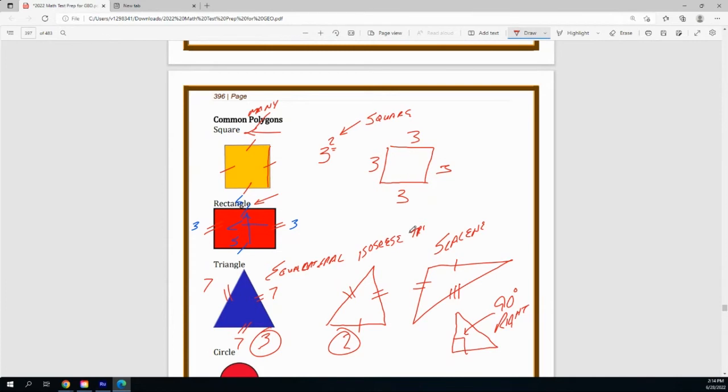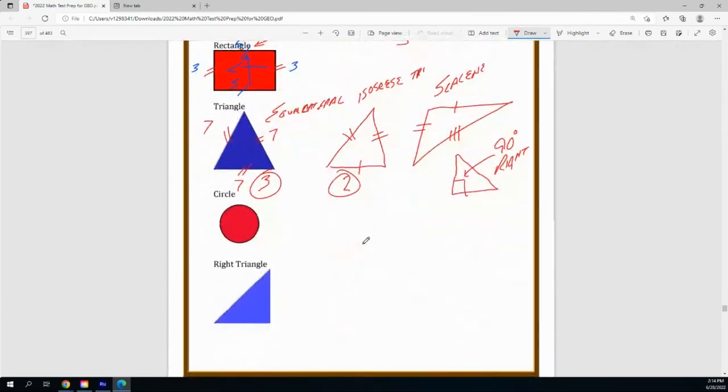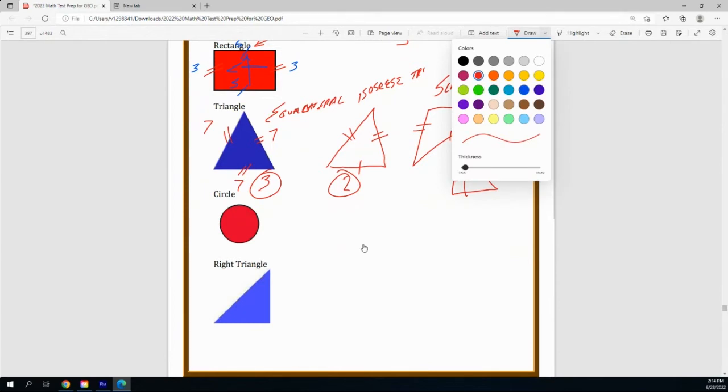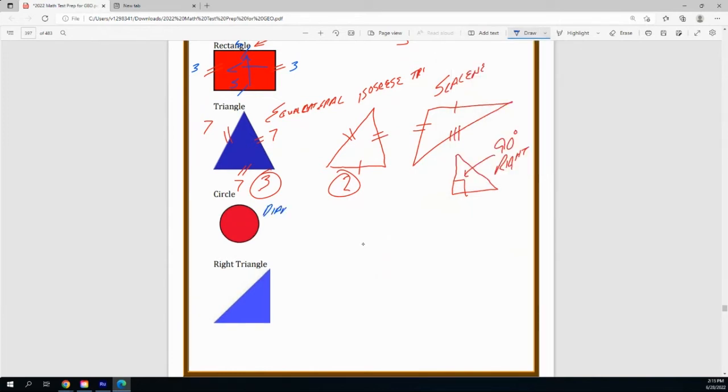Okay. The next one is a circle. Now, a circle doesn't really have any sides or angles. Well, it's special, so it has its own vocabulary that goes with it. One of the vocabulary words that you're going to be talking about with a circle is the word diameter.